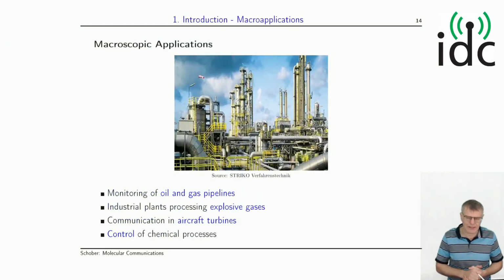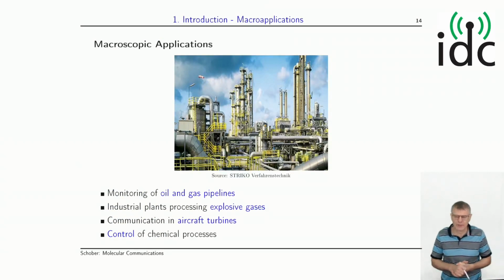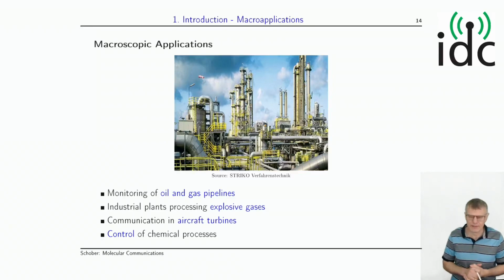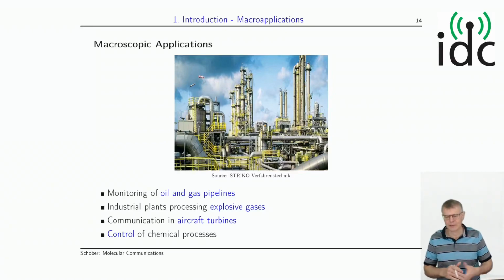This was the original idea, but then of course over time people realized that it will take a long time to realize these nano applications, right? So there are many obstacles in between that have to be overcome. And therefore they also started to look at goals that are maybe easier and more in the short term to realize. And for this, of course, it would be convenient if we could do away with the nano aspect of it.